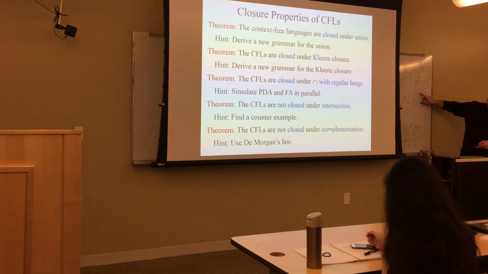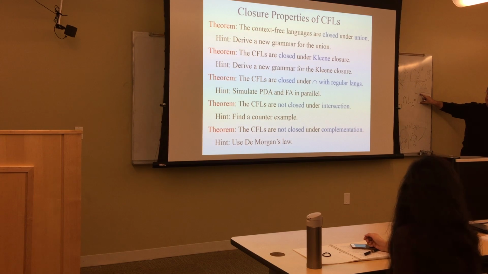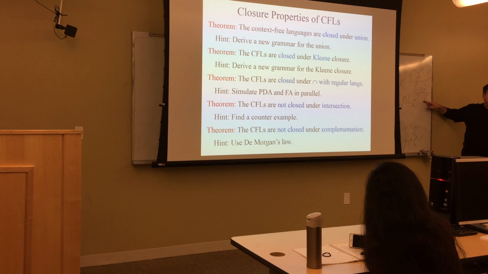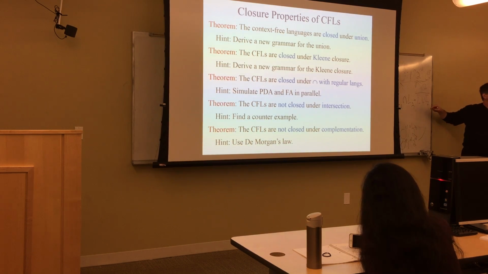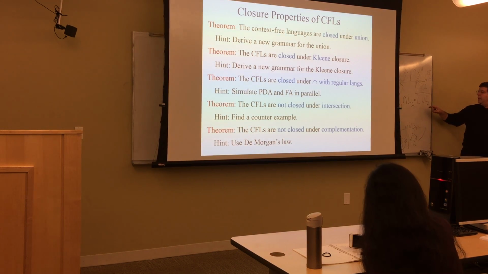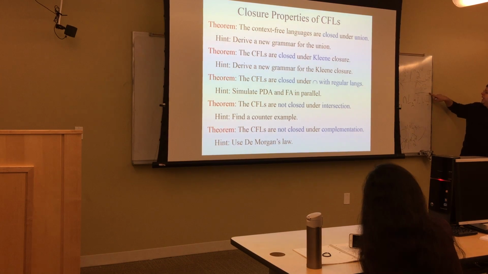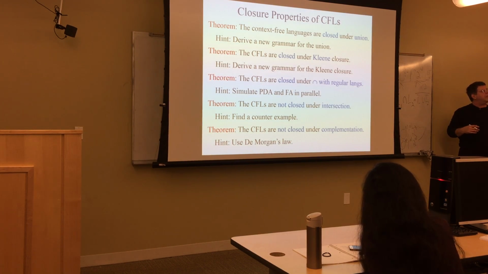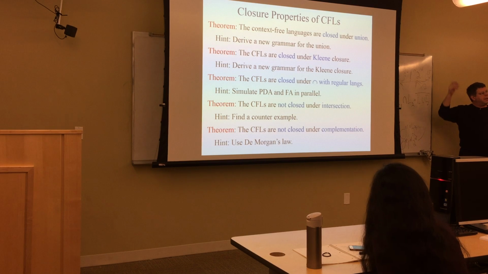So L1 bar will be context-free if complementation preserved context-freeness. So will L2 bar be context-free. The union is context-free because that preserves context-freeness. And complementation yet again preserves context-freeness up here. So the whole right side will be context-free if complementation preserved context-freeness. How would you believe that?